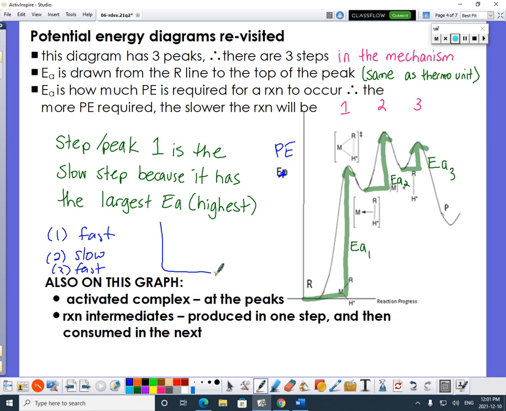Then when you go to draw your picture, make the slow step obviously the biggest. Exaggerate which one is the slowest. It does not need to be the first step. It has to be the largest peak.